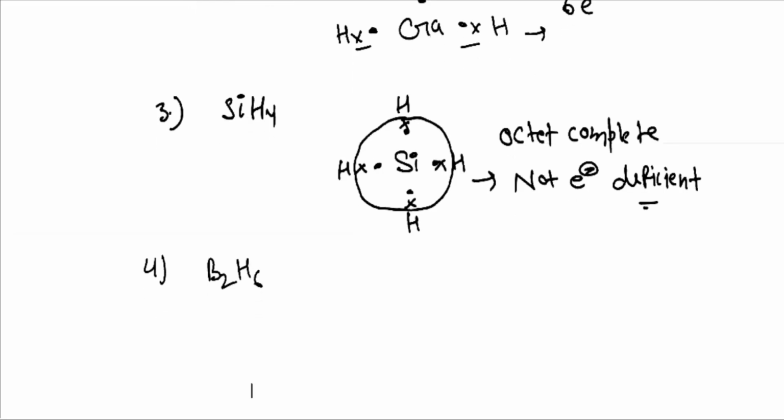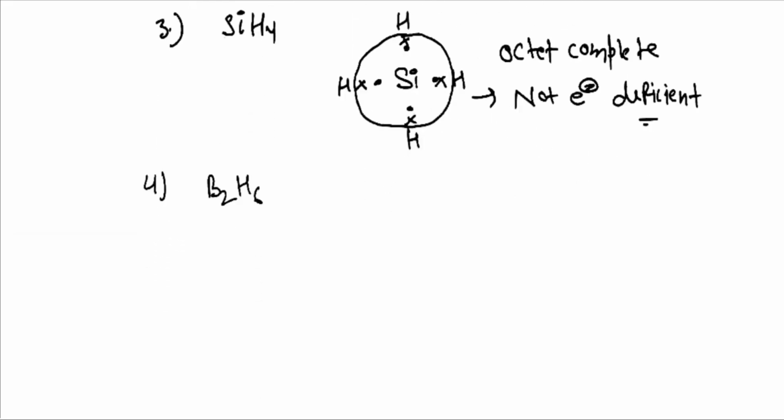Now if we look at the fourth option, we are given B2H6. If we draw the structure of B2H6, it looks like 2 borons. Boron has 3 valence electrons, so 2 are shared with hydrogens like this, and it contains 2 bridge hydrogens, and each bridge bond contains only 2 electrons and 3 centers.